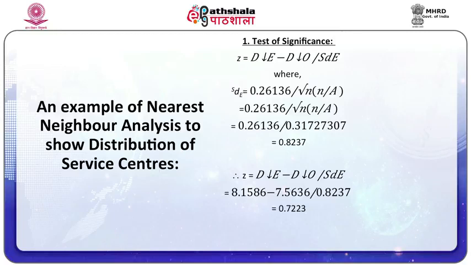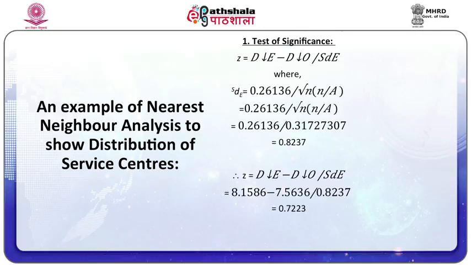Z is equal to D bar E minus D bar O upon SDE, where SDE is equal to 0.26136 upon square root of N into N upon A, which is equal to 0.26136 upon 0.3172737, which is equal to 0.8237.